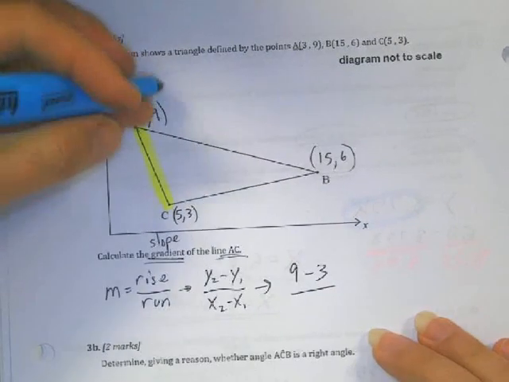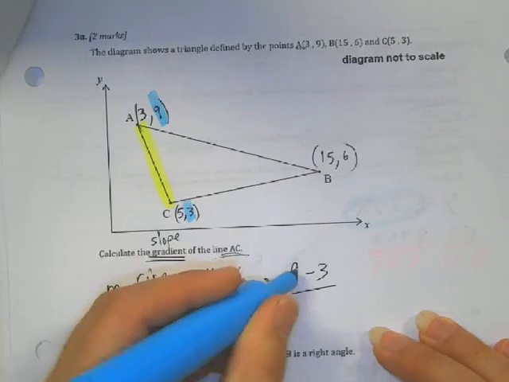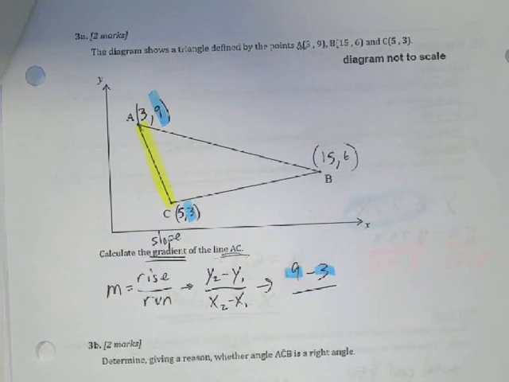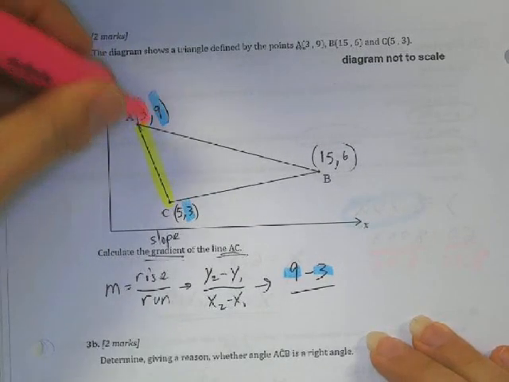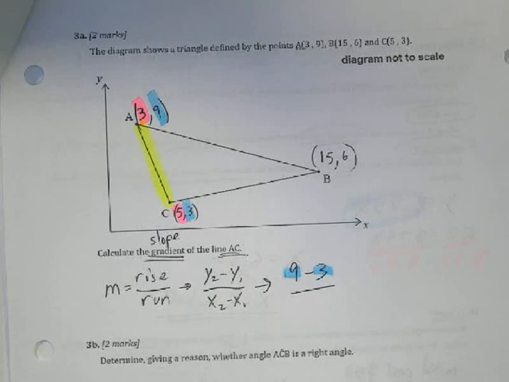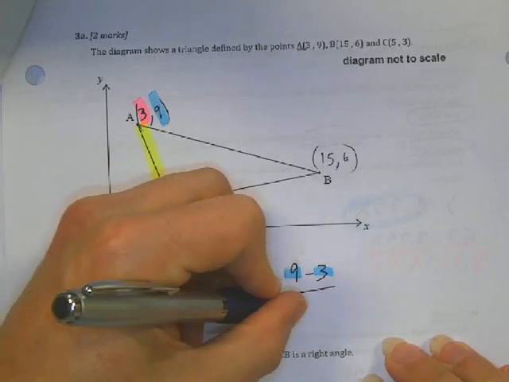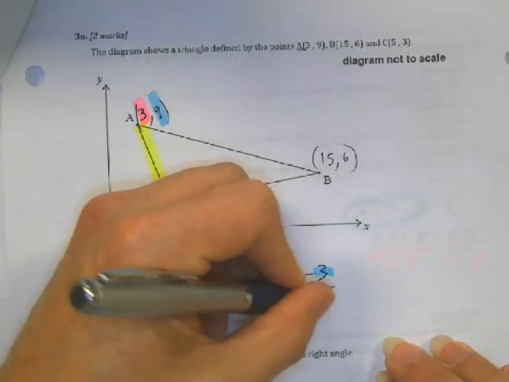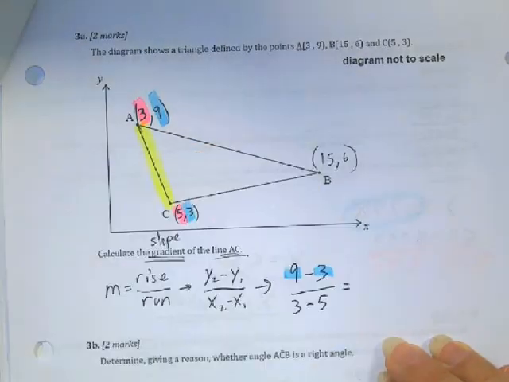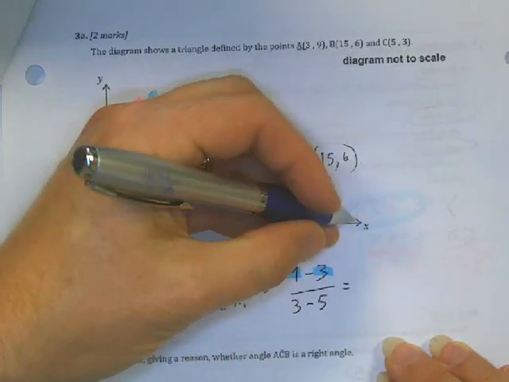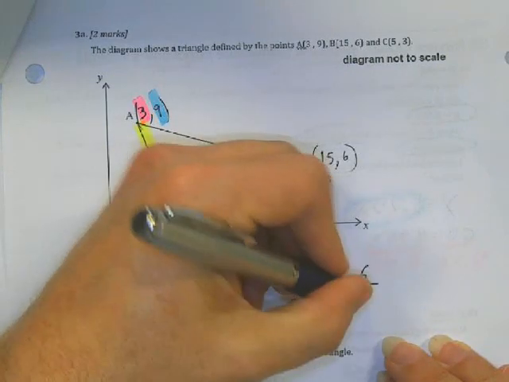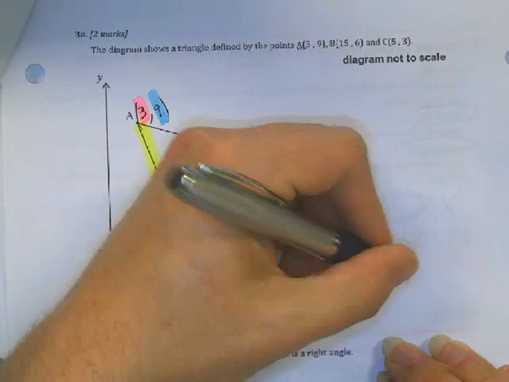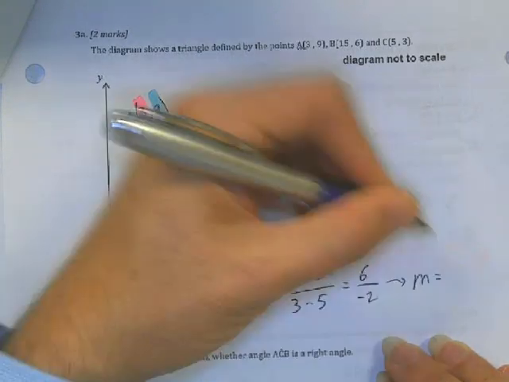We've got our y values divided by our x values, 3 minus 5. And then we're going to get 9 minus 3 is 6, and 3 minus 5 is negative 2. So our slope is equal to negative 3.